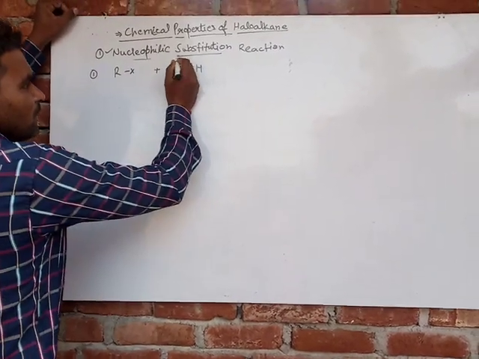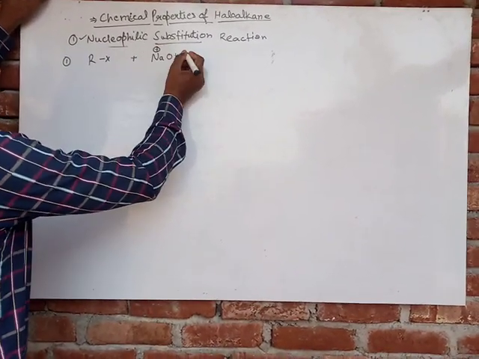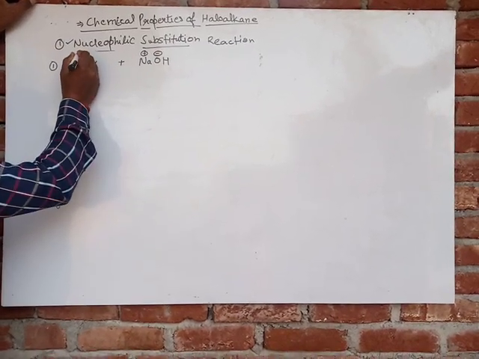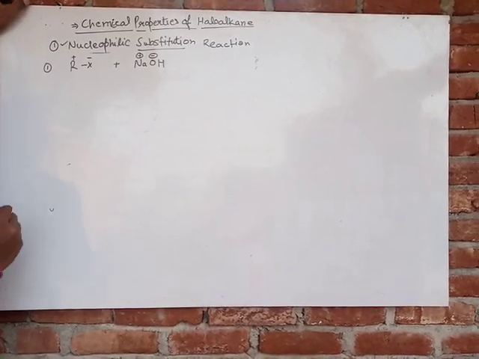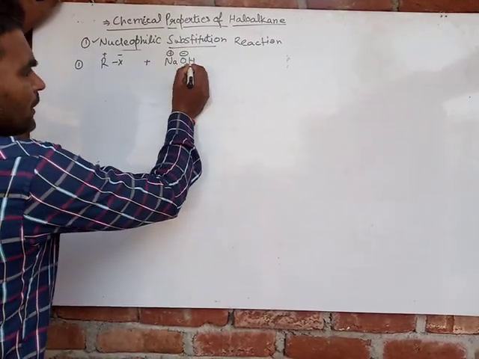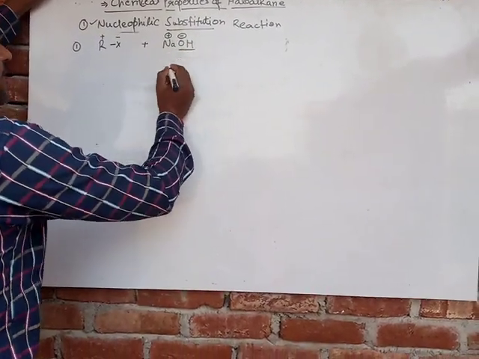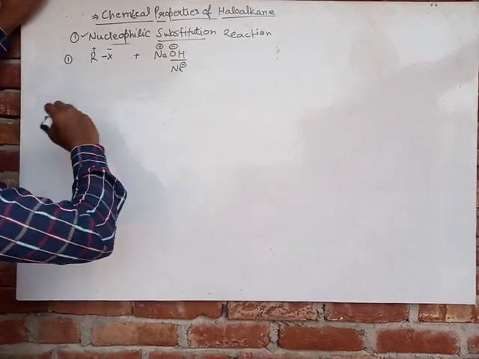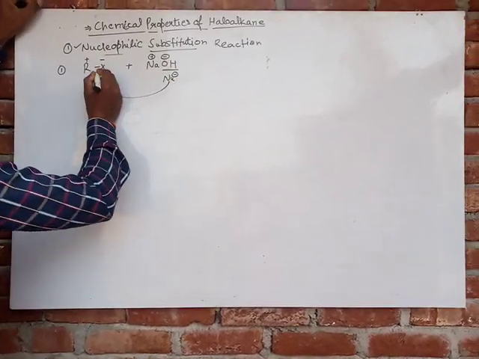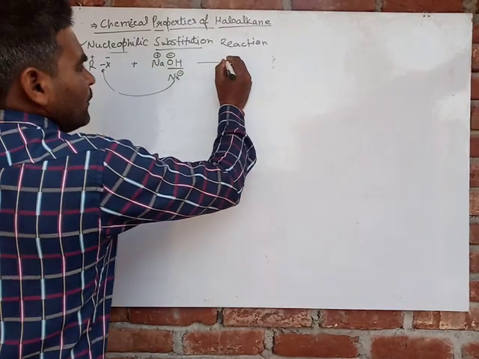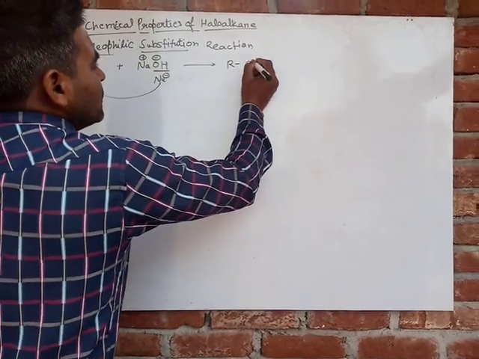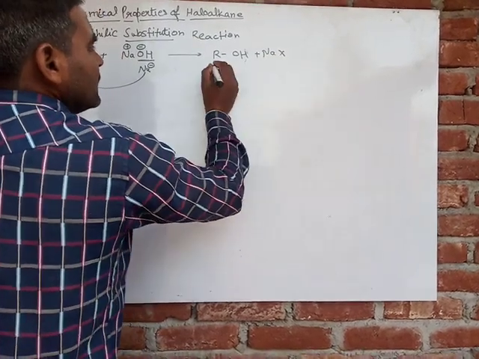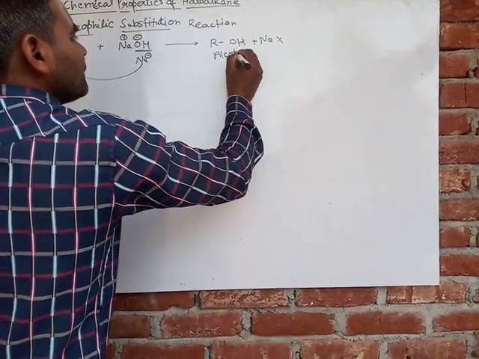Sodium is positive and hydroxide is negative, and here alkyl is positive and halogen is negative. Here the hydroxide ion behaves as a nucleophile, and attaches to the alkyl group, and the product formed is ROH plus NaX.